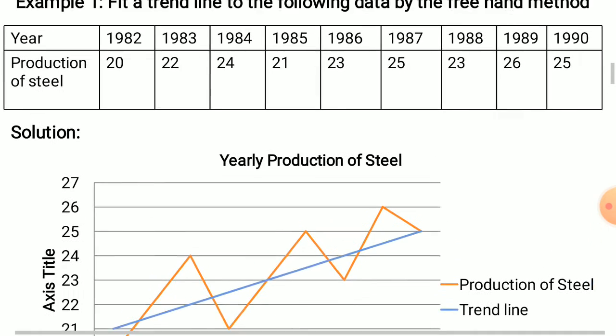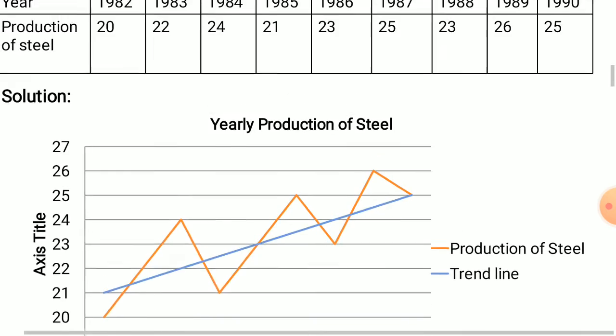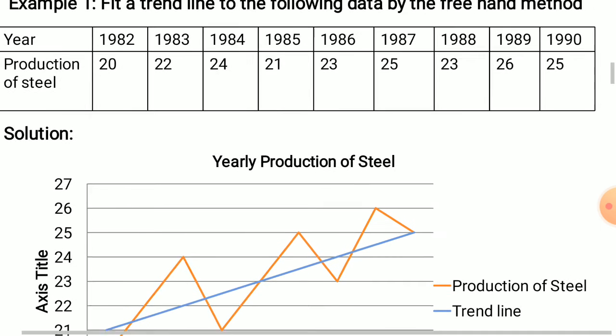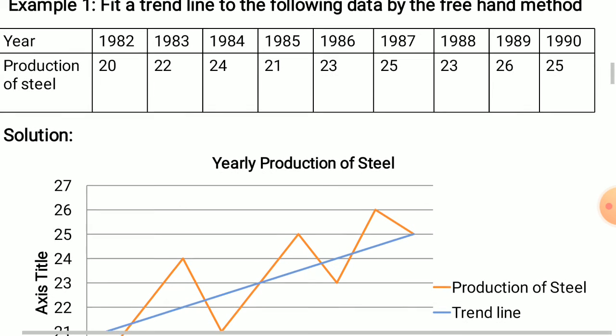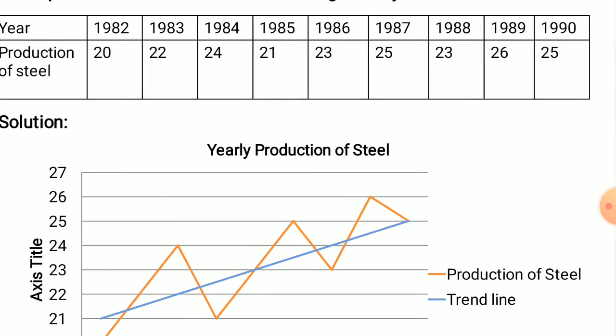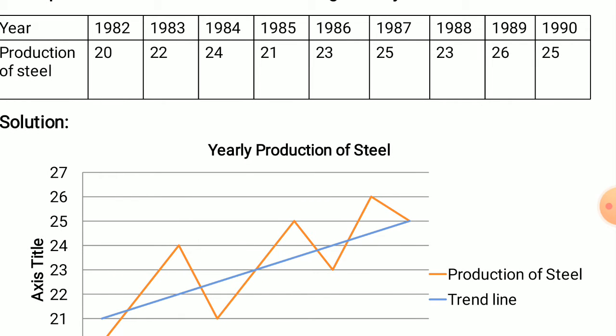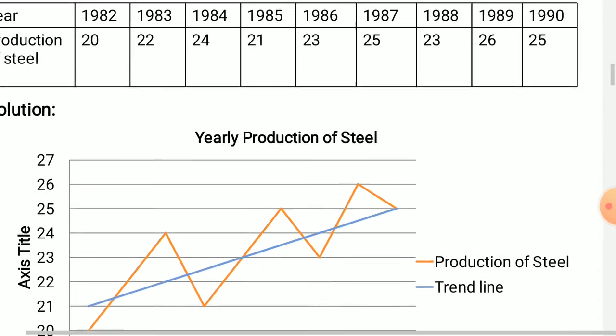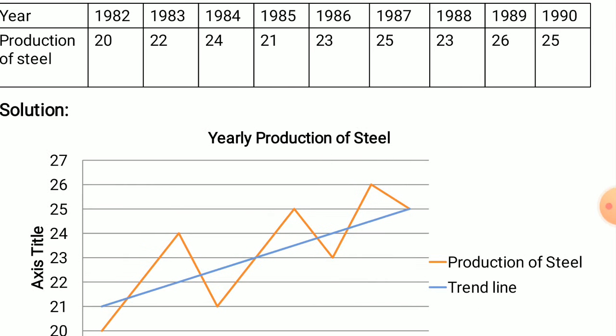In the year 1982, the production of steel is 20, and in 1983, the total production of steel is 22, and in 1984, 24, and in 1985, 21, and in 1986, 23, and 25, and 23, 26, and in the year 1990, 25.